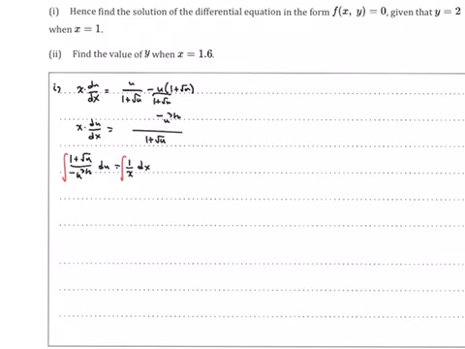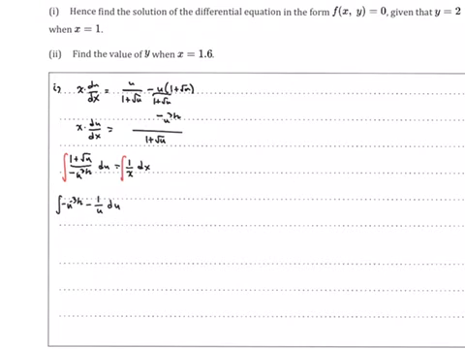But what I'll have is, if I split this into two separate integrals, or two separate terms, I would have negative u to the negative 3/2, that's 1 over negative u to the 3/2, minus 1 over u du.